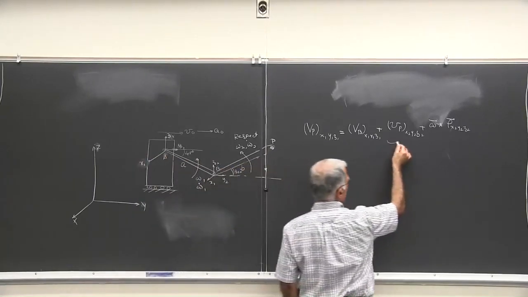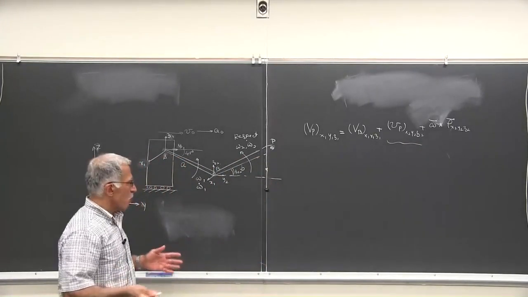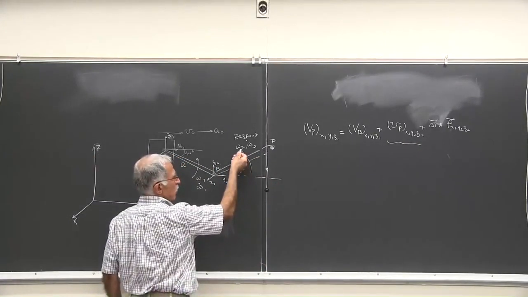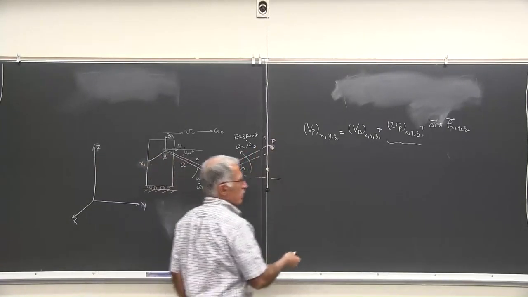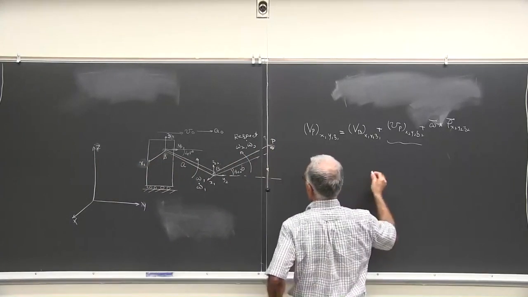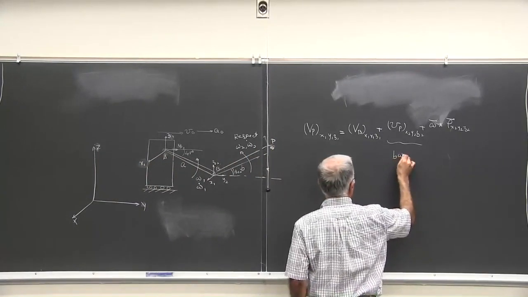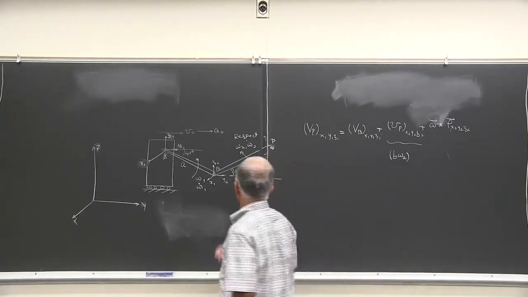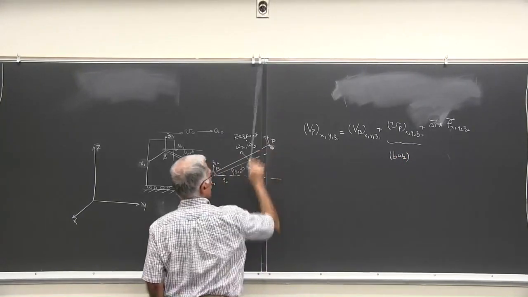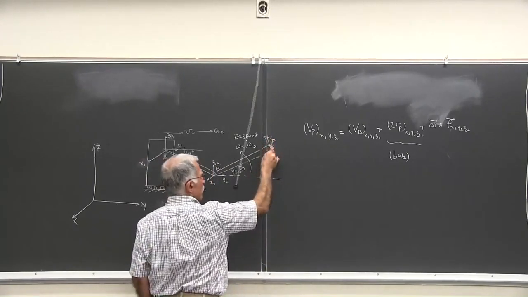Velocity of point P with respect to x2, y2, z2, that we are interested in, this velocity is simply r omega, and omega is basically omega 2, and the velocity is simply the projection here. So you can say that velocity is equal to b omega 2, that's this velocity, and the lines are mutually perpendicular.